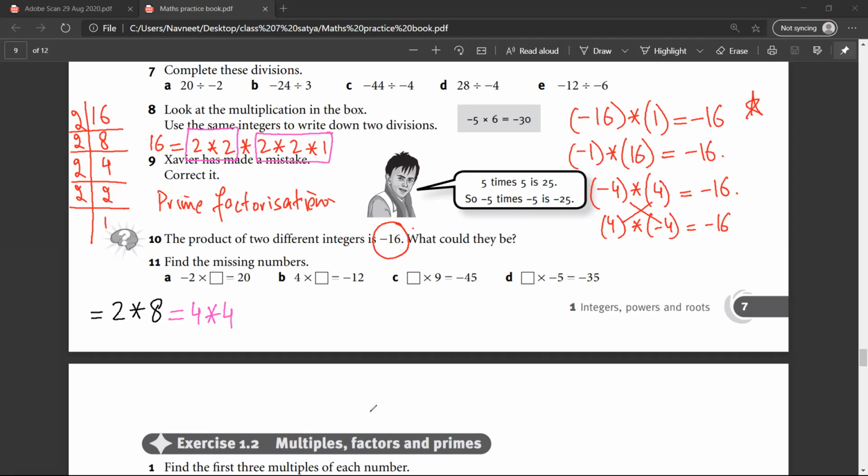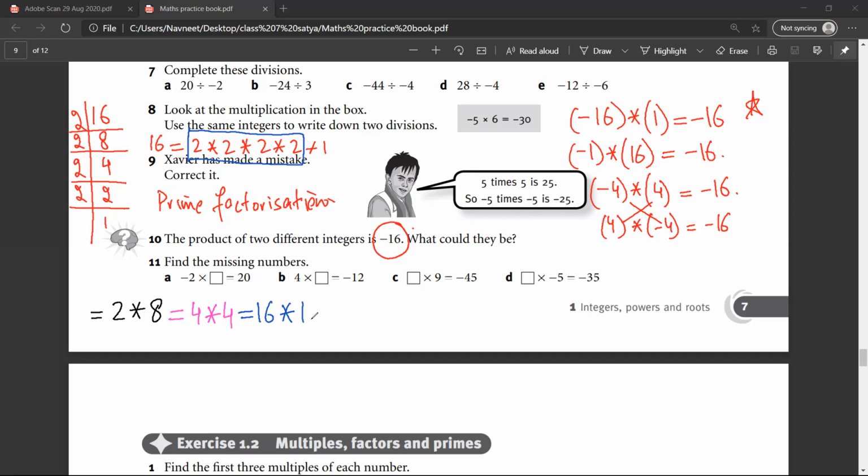And a third combination can be 16 into 1.